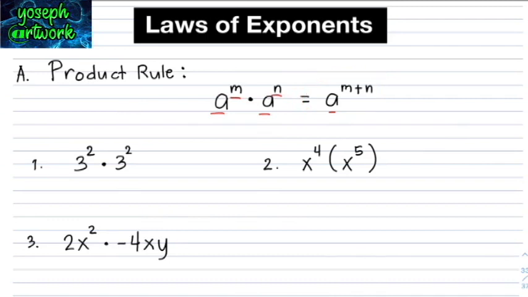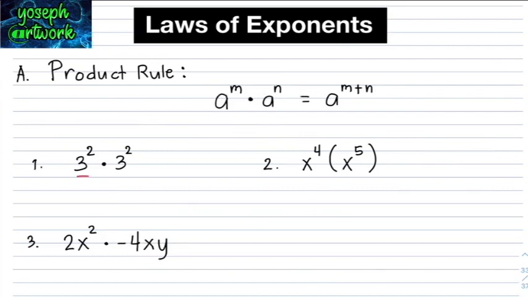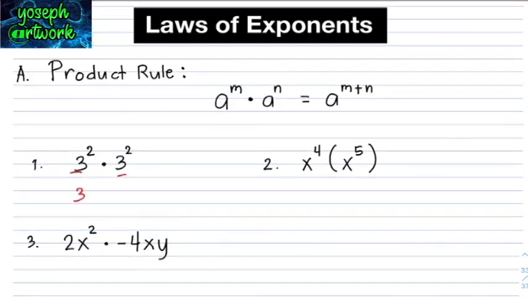So, gagawin natin ngayon, ipapakita ko sa inyo manually kung paano ginagawa ang product rule using these examples. For number 1, we have 3 raised to 2 times 3 raised to 2. As you can see, yung base natin ay parehas. So, gagawin mo rin lang dito, since the bases are the same, all you need to do is to copy your base and add your exponents, 2 plus 2.